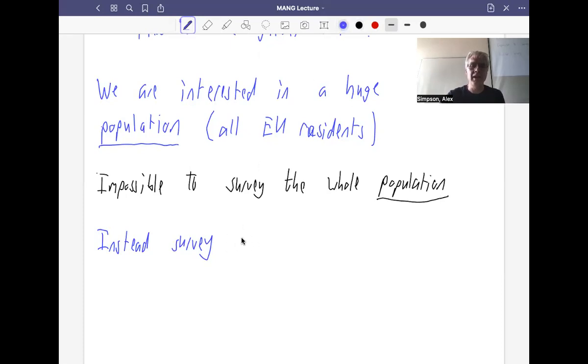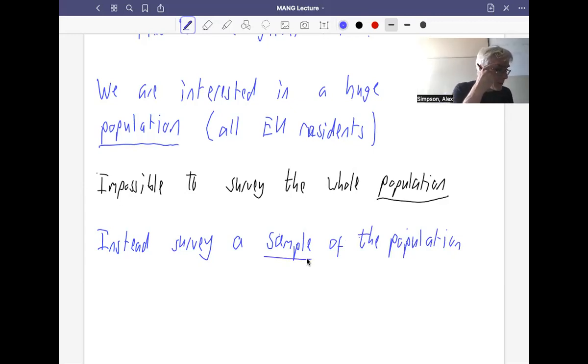The population is everyone whose opinion we're interested in, and the sample is the collection of people from whom we collect the data. So we're instead going to survey a sample of the population. These are two important words in statistics: sample and population. So I want to just ask some of the people their opinions.